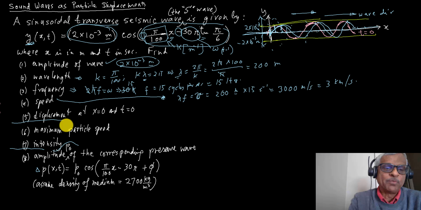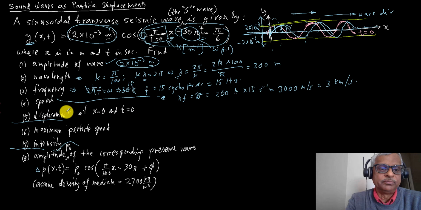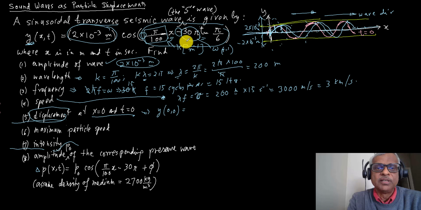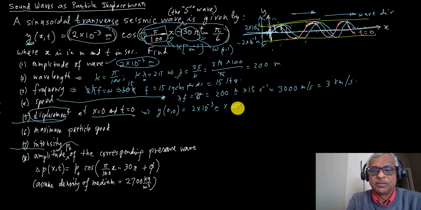Okay, this one is just the value of y when you set x and t like that. So this means y at (0, 0) is set to 0, 0. So you have 2 times 10 to the power minus 3 meter times cosine of minus pi over 6.